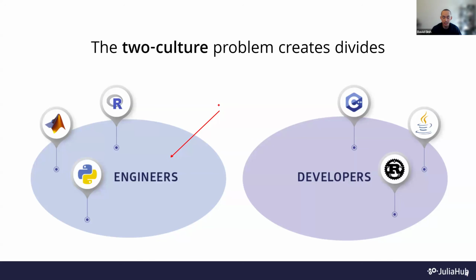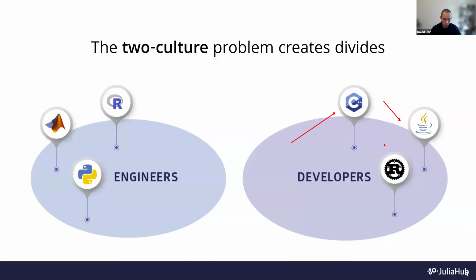So basically, an easy language to use. That leads engineers to languages such as Python, MATLAB, and these types of ecosystems. But when we move further into the lifecycle of a program and on to the production phase, developers require higher performing languages that provide not only performance, but also reliability and scalability as they put these products into production. This ultimately leads developers to languages such as C, C++, Java, and so on.